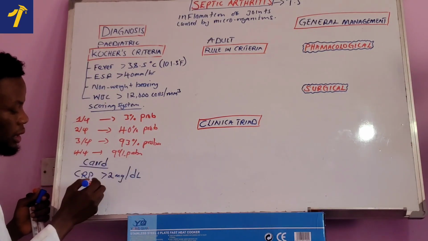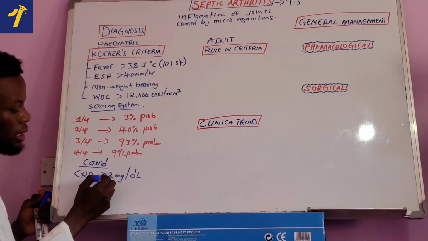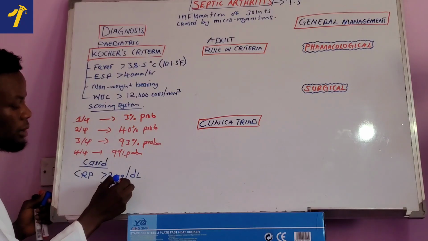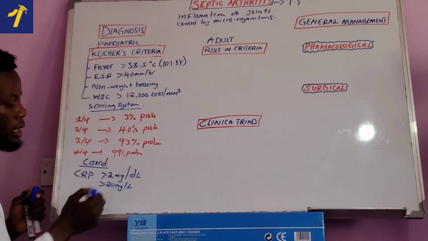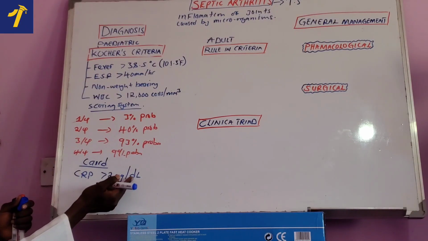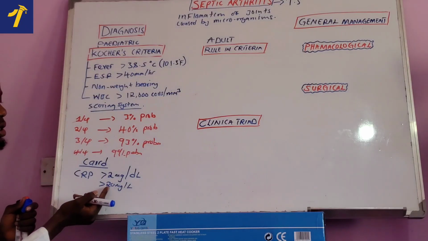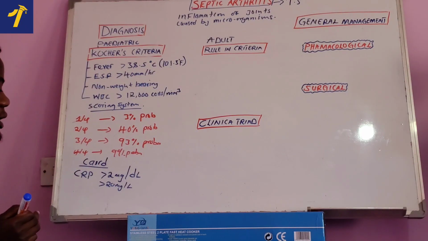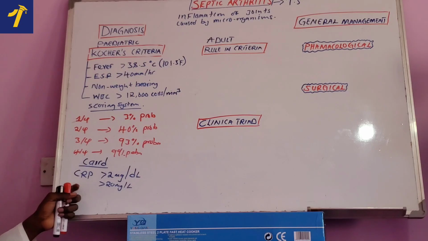Or if you want to use the other number, you can say greater than 20 milligrams per liter. So either way, here is just deciliter, here is just per liter. It has to be greater than that. Okay, that's what he said.